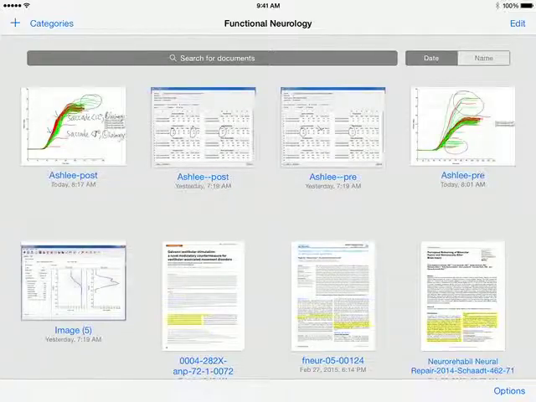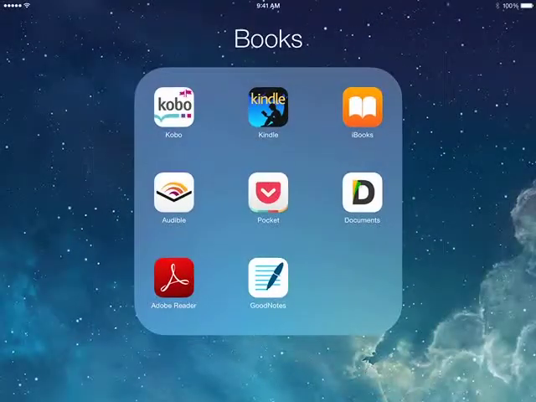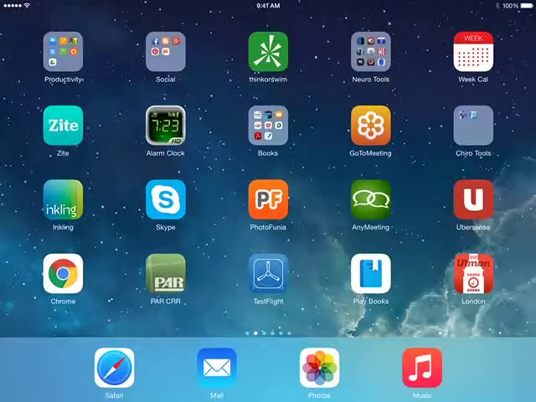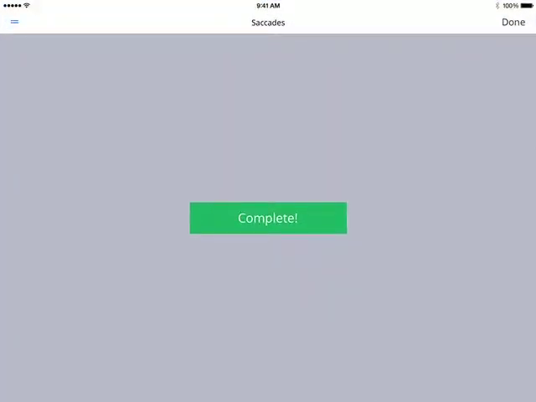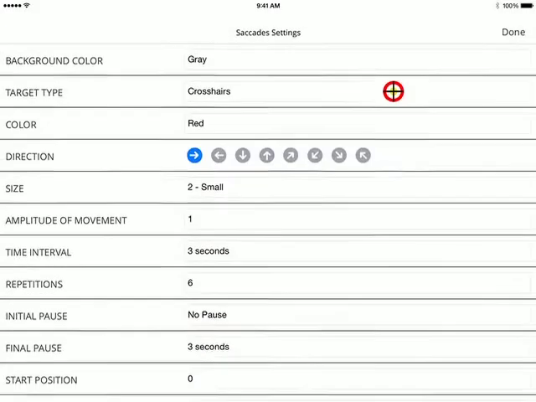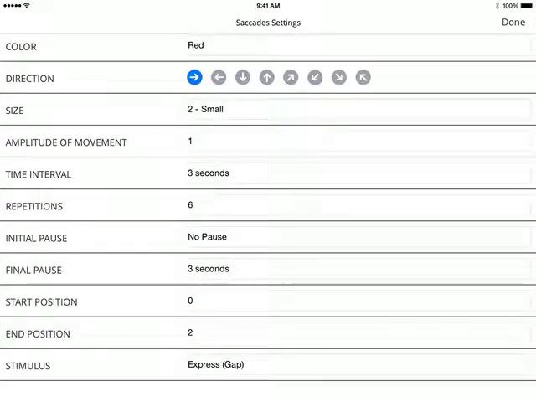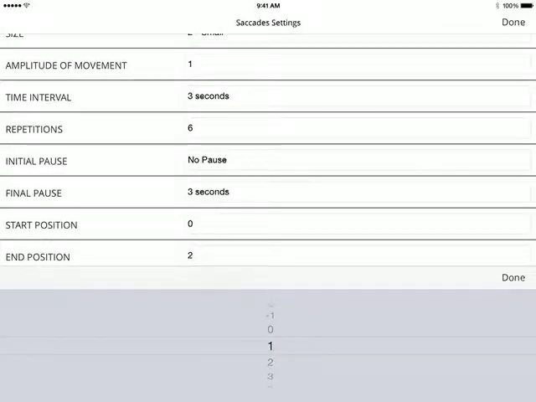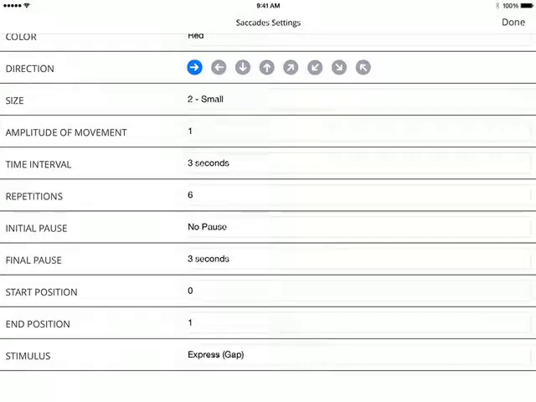So what I did was I pulled up my Focus Builder, and I had her do saccades to the right, just a small one. So I put it from center to position 1, which is less than 5.